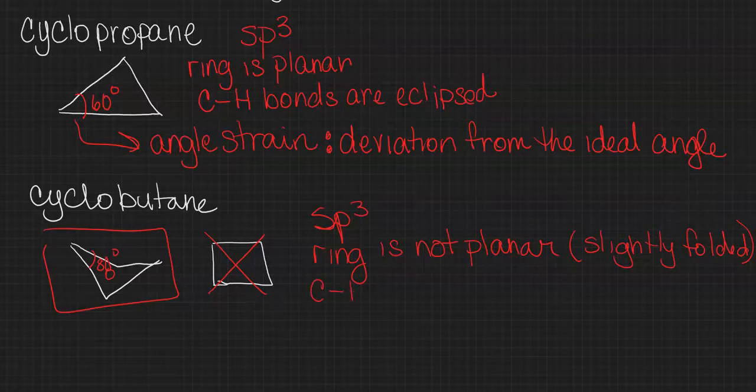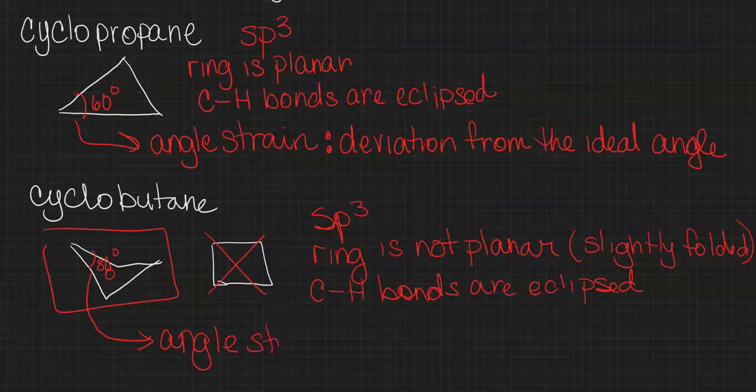The carbon-hydrogen bonds are eclipsed. And within that folded structure, we do have angle strain, which we said was the deviation from the ideal angle.